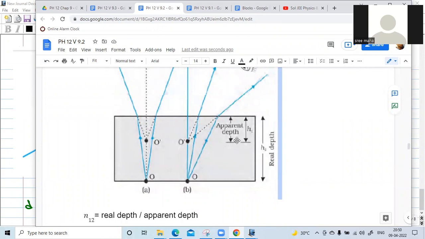And real depth is more, apparent depth is smaller. So real depth by apparent depth is greater than 1. So n 1 2, the first medium, is greater than 1. So remember, real depth by apparent depth is greater than 1. The refractive index of the denser medium is equal to real depth by apparent depth. Got it?